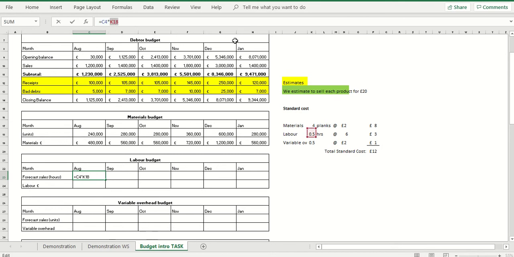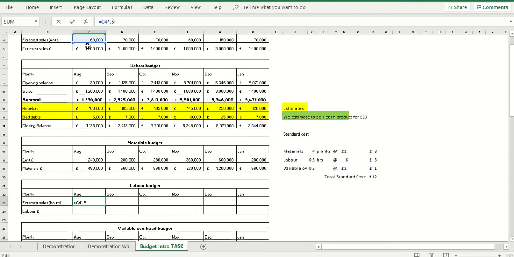In fact, I'll probably make this a little bit simpler. Instead of making the reference here, I'm just going to say 0.5. So still half an hour times our forecasted sales in units. It's the same thing. What we can do now is drag it across like this.